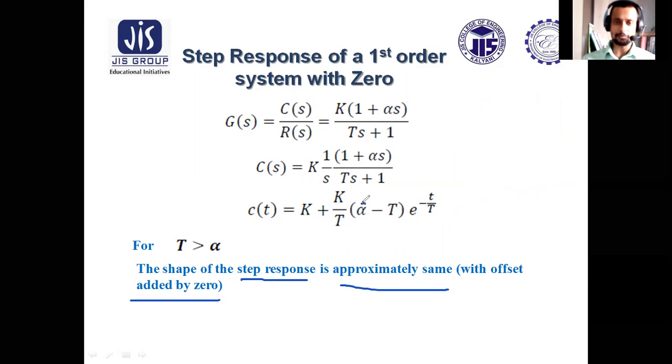So this 0 term will add an offset of K by T alpha e to the power minus t by T. So e to the power minus t by T will always be there, and K by T alpha is an offset which will be added to the system due to the addition of the 0 term. For T less than alpha, we'll get another response curve. That we will discuss in the next few slides with the help of some examples.